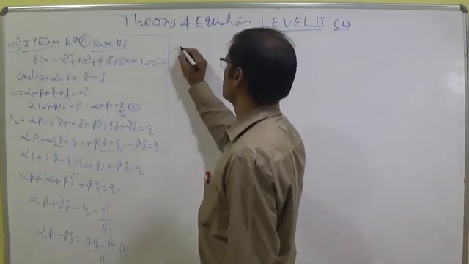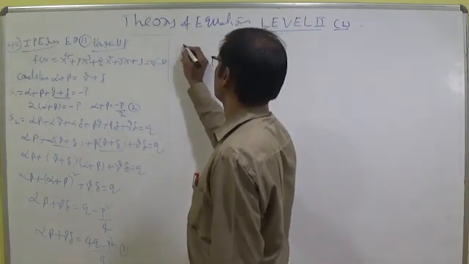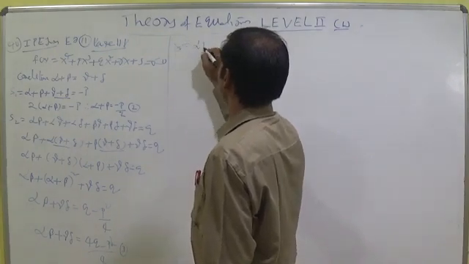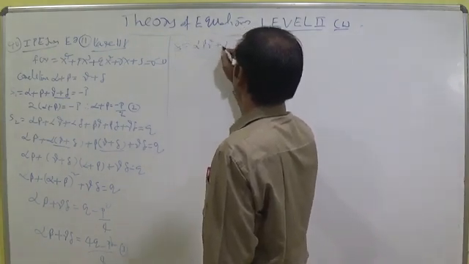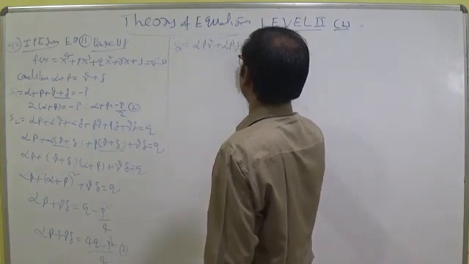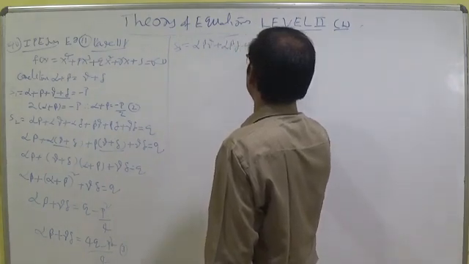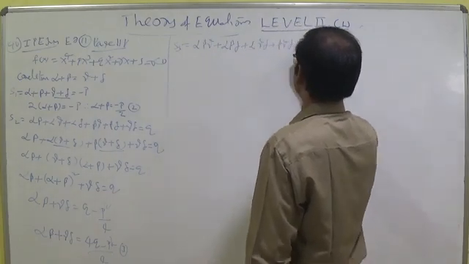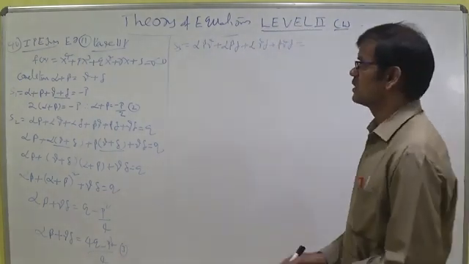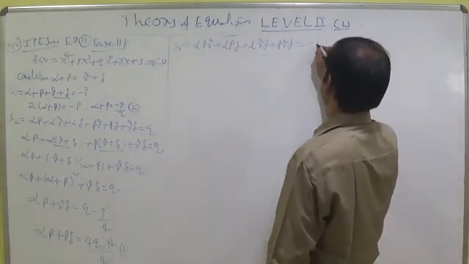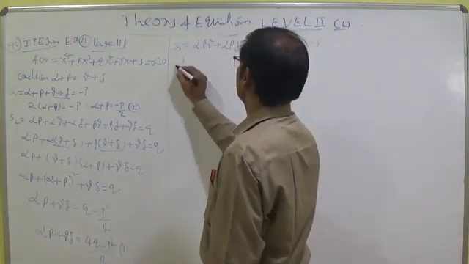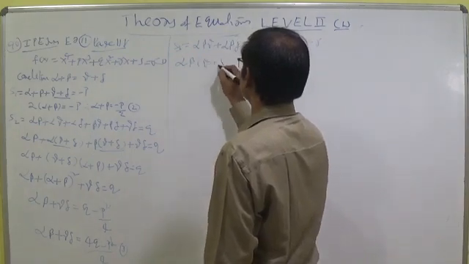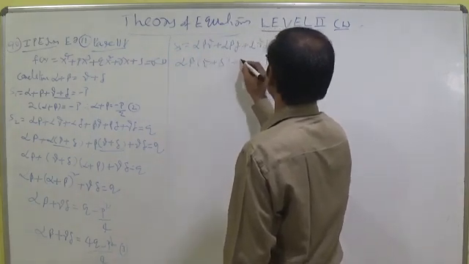Now S3. S3 is equal to alpha beta gamma plus alpha beta delta plus alpha gamma delta plus beta gamma delta, that is S3 is equal to minus R. You take here alpha beta common, it becomes gamma plus delta within brackets.